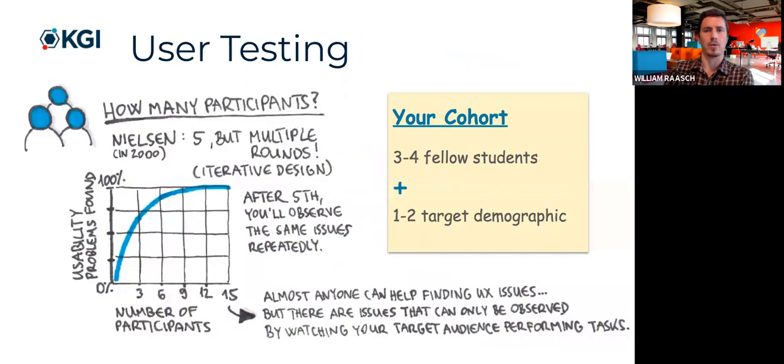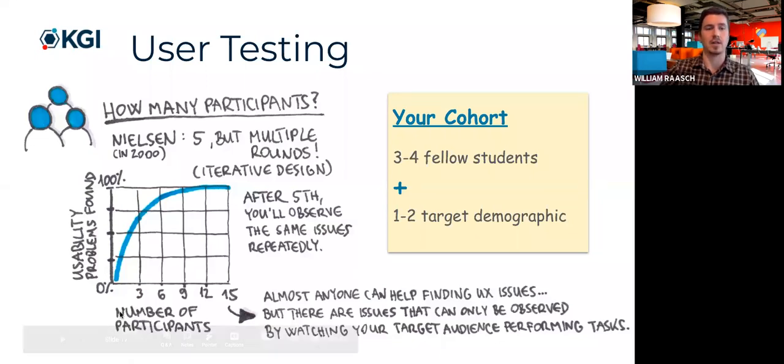All right, so we'll go back one slide. One of the key questions you have to ask with user testing is how many participants you want to use. There's a study from 20 years ago that analyzed how many problems were found based on how many participants went through the user testing.